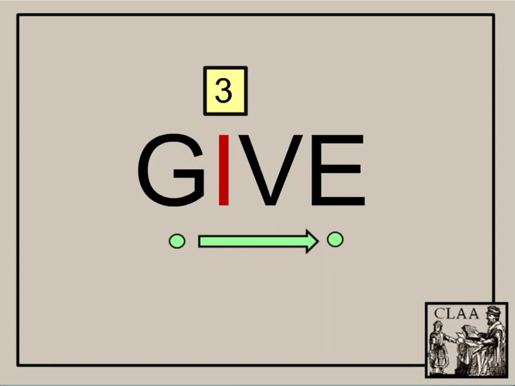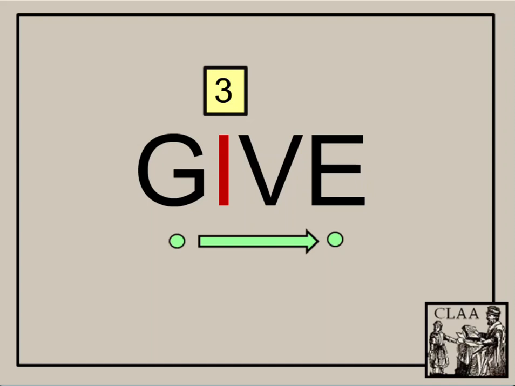Here's another example of the irregular sound we just saw in the word live. Here, if we followed the usual rules for reading the letter I, this word would be long and sound like I. We would read this word as give or jive, but that would be wrong.